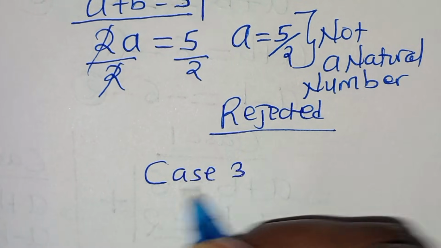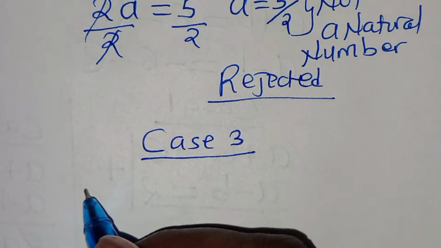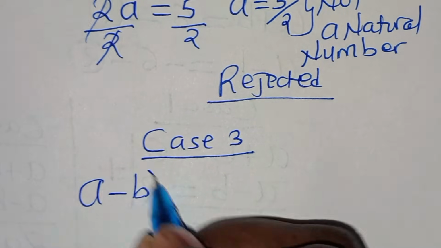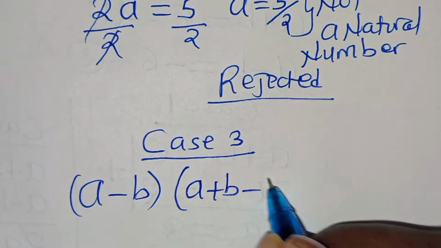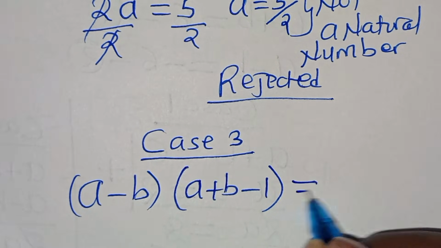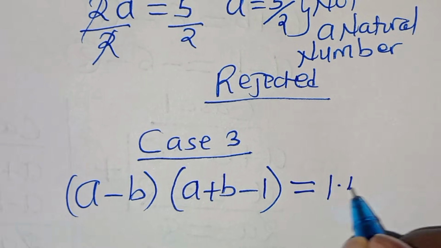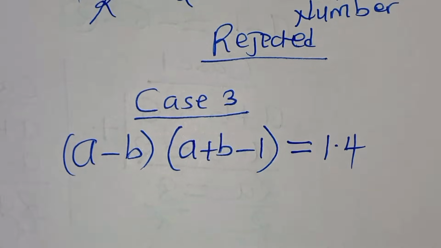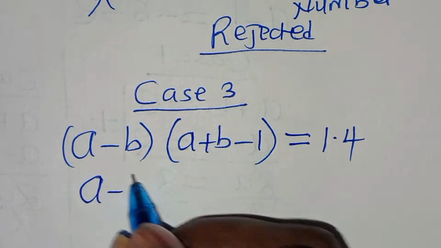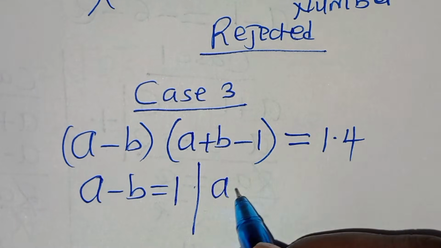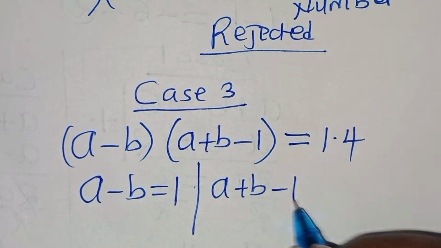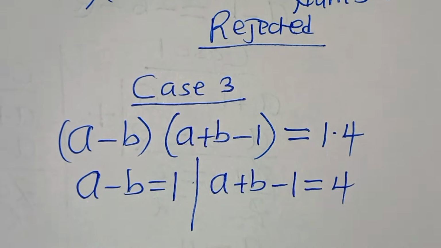Case 3. In case 3, we have a minus b multiplied by a plus b minus 1 is equal to 1 times 4. So this implies that a minus b is equal to 1, and we have a plus b, subtract 1, is equal to 4.